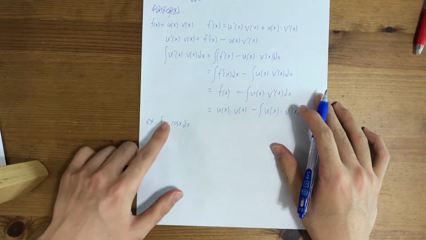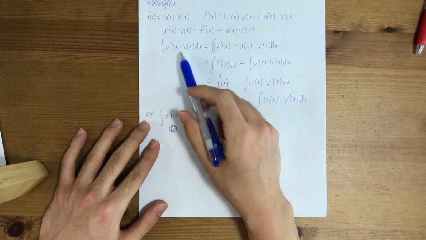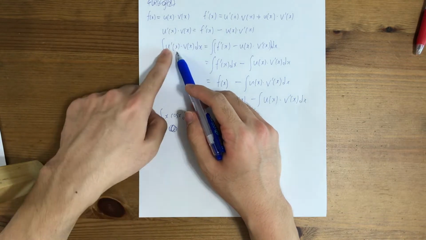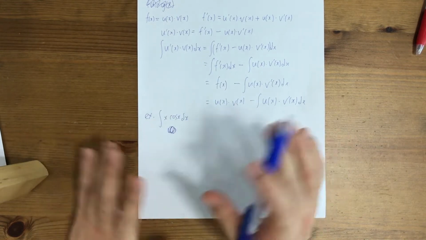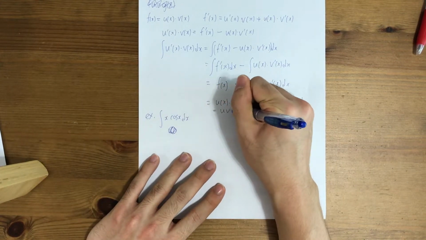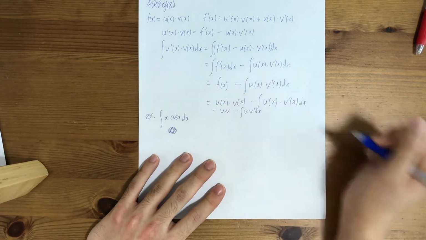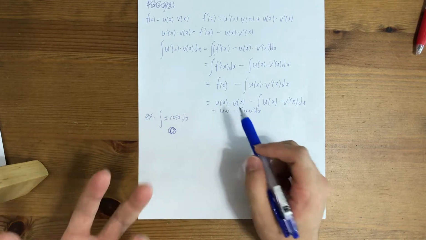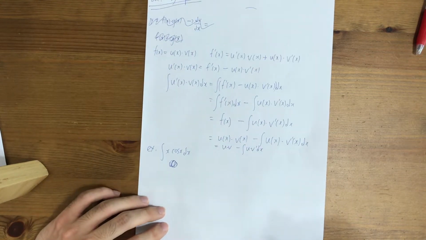Then let's say u prime. We don't really put x here, but the reason why I use x is because all these u and v are functions of x. In your textbook it will probably be written without the x, but I use this to let you understand that u and v are functions of x, okay?